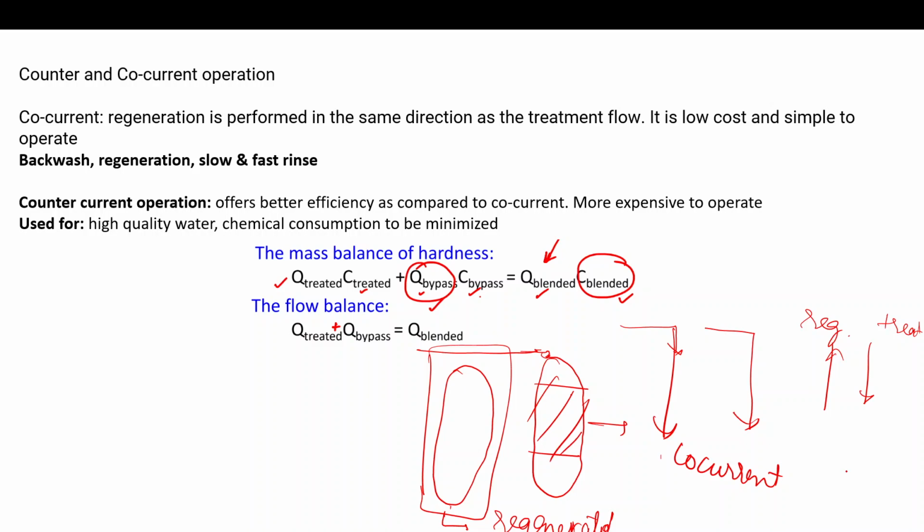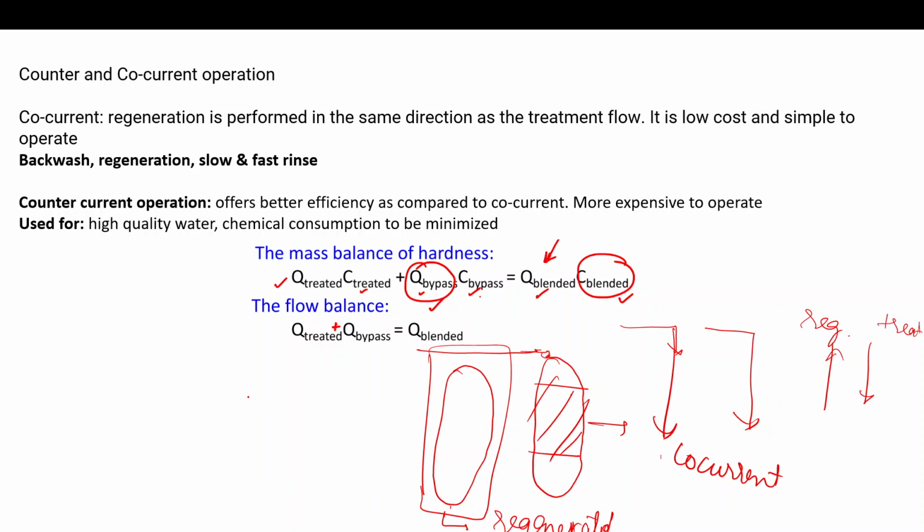Co-current is usually easier to operate and low cost. But counter current is always giving you more efficiency as compared to co-current, right? But it is somewhat difficult to operate, and you need higher sophistication and more expense to deal with that sophistication.